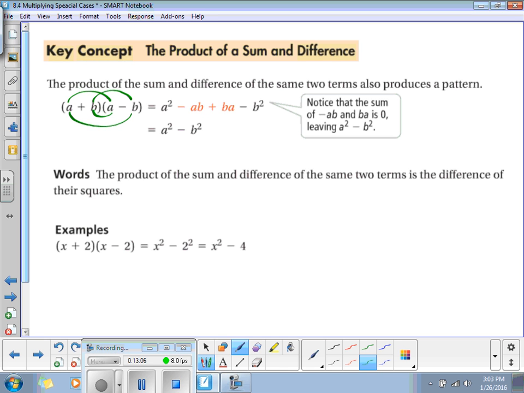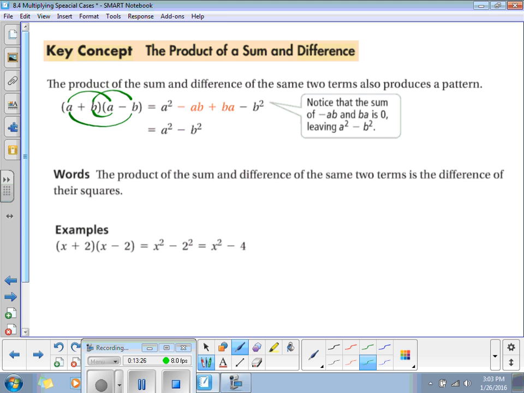Then the outer, A times negative B is negative AB, right? Inner, positive B times positive A is positive BA, which is also the same thing as AB.